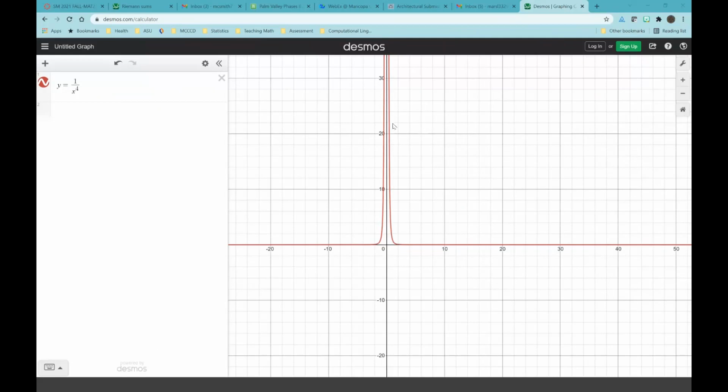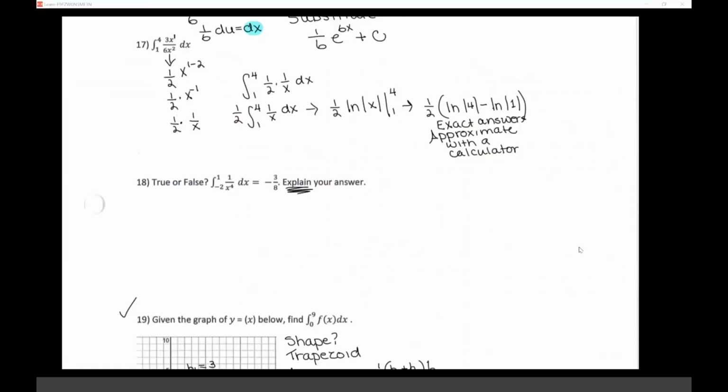What I was trying to show you in Desmos is that this goes on forever, right? So the area between -2 and 1 is not a finite number. What this problem was trying to show you is you can't get a value for this integral. So this integral is undefined when x equals 0.